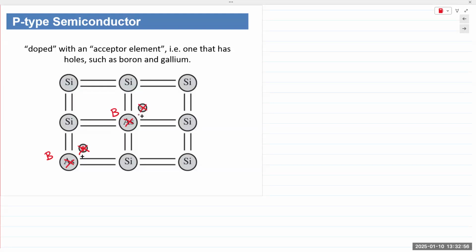Hence, we obtain what is known as a p-type material. So column 3 dopants create a p-type material. Overall charge is still neutral.